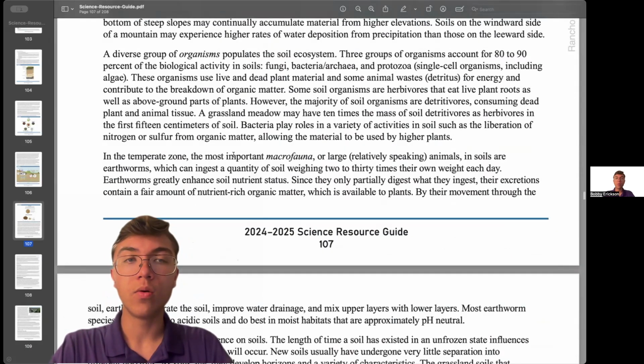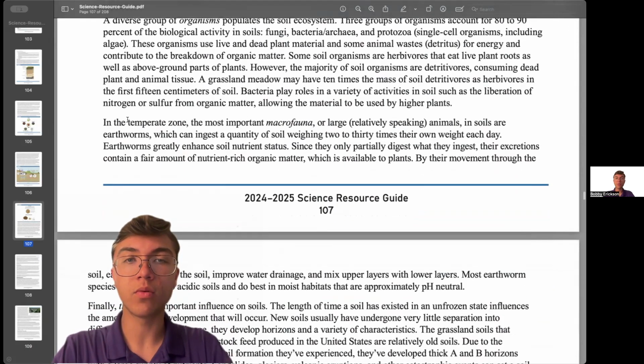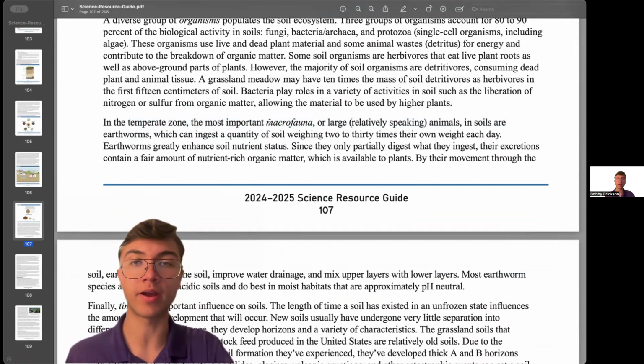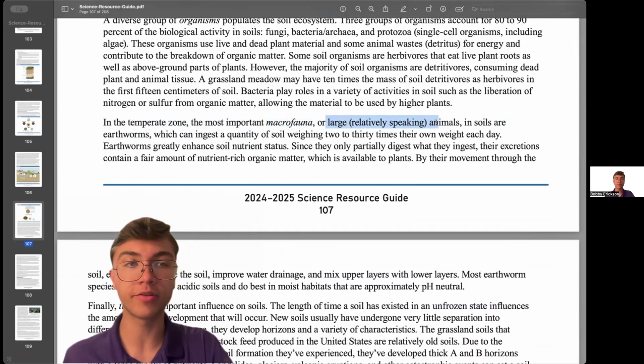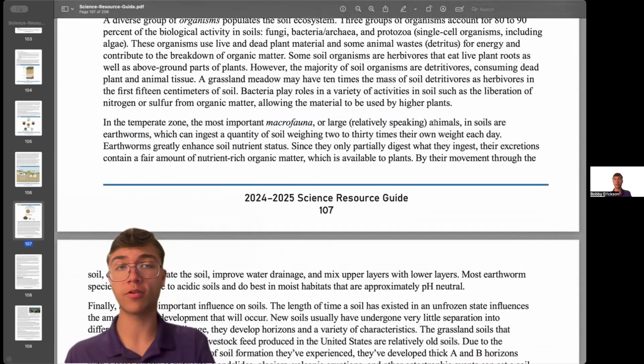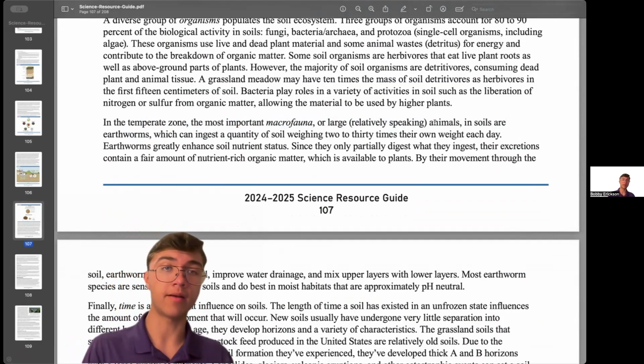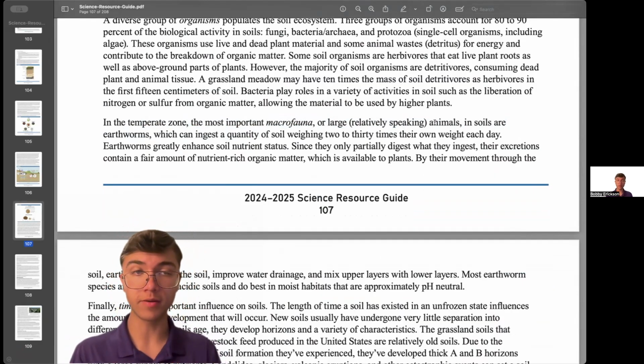Then we have what are the other organisms in certain areas, such as the temperate zone. In the temperate zone, we have macrofauna, which are large animals, and more specifically, the macrofauna in the temperate zone are earthworms.